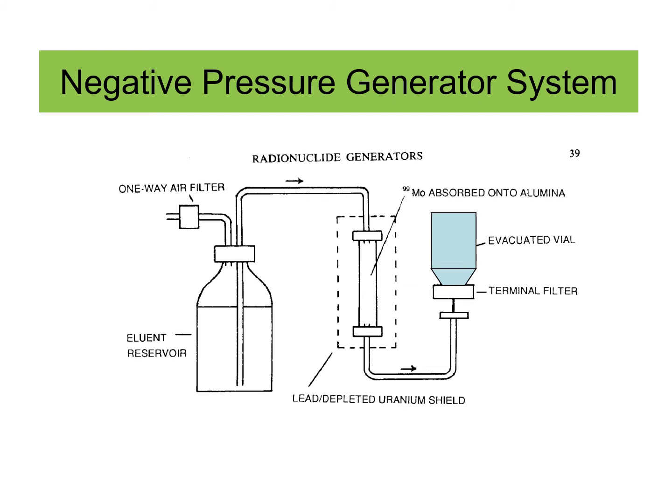In between, you can see the alumina column, which is fixed in a suitable thickness of lead as a shielding material. When the evacuated vial is connected to the terminal filter, it will withdraw the saline from the reservoir, and it passes through the alumina column, and together with it, it collects the technetium-99m into the evacuated vial.